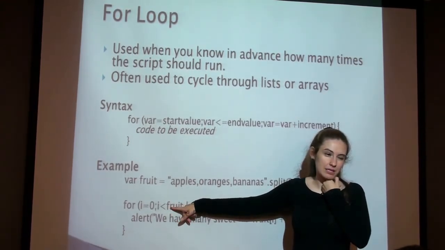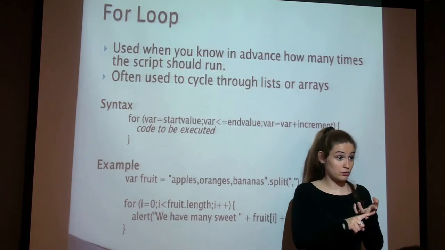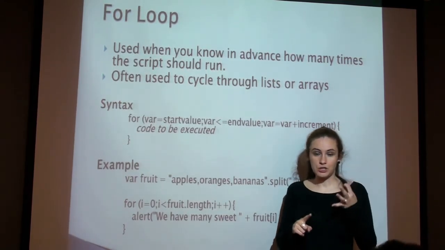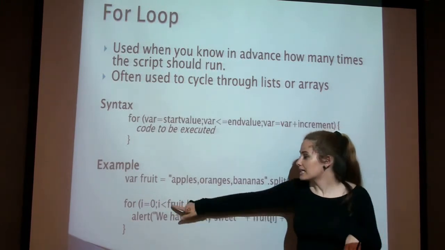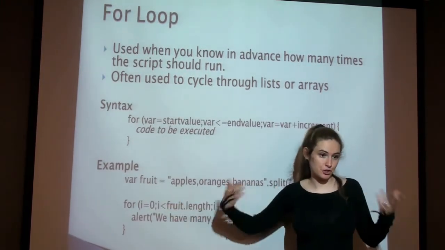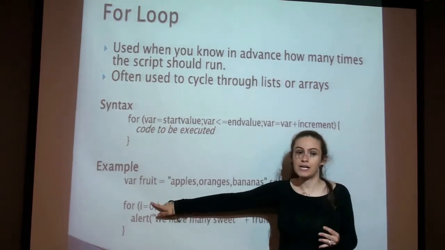So as soon as i becomes 3, it's not going to run anymore. Does that make sense? So it's going to run at 0, 1, and 2. And that's it. As soon as i becomes 3, it's no longer running. If this had less than or equals, that would be a different story. That would actually be 4. And if we started with 1, then it would run 2.